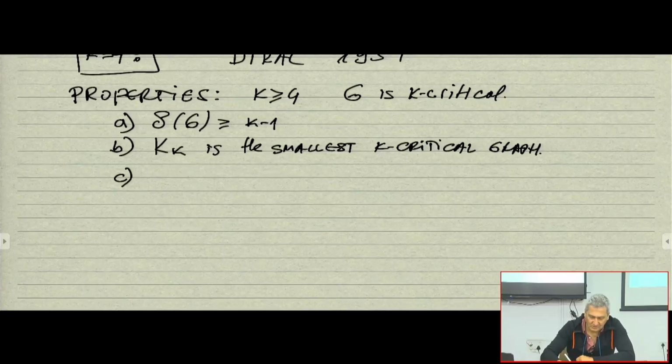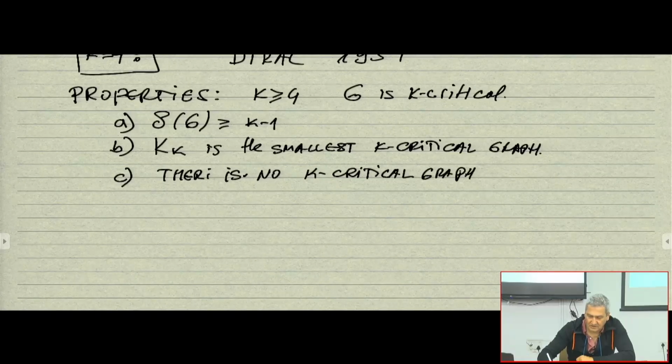There is no k-critical graph on k plus 1 vertices.